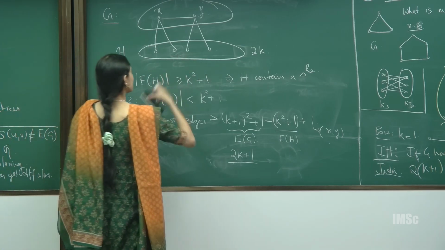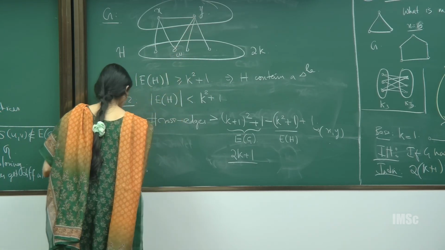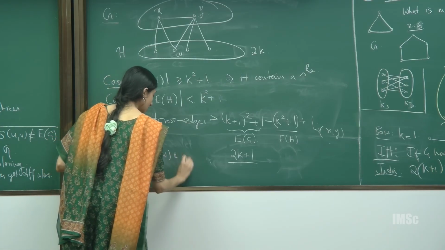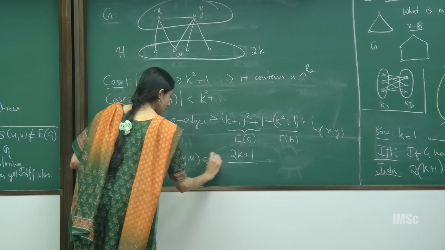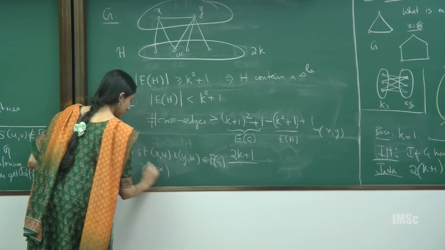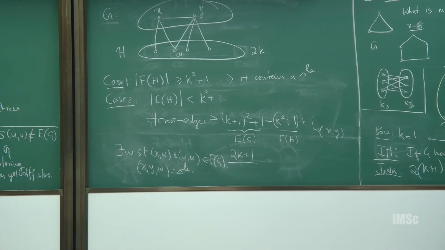So the picture could be this, but there is a W such that XW and YW are in the graph. So then XYW is a triangle. Is that okay? So what is the discussion about?